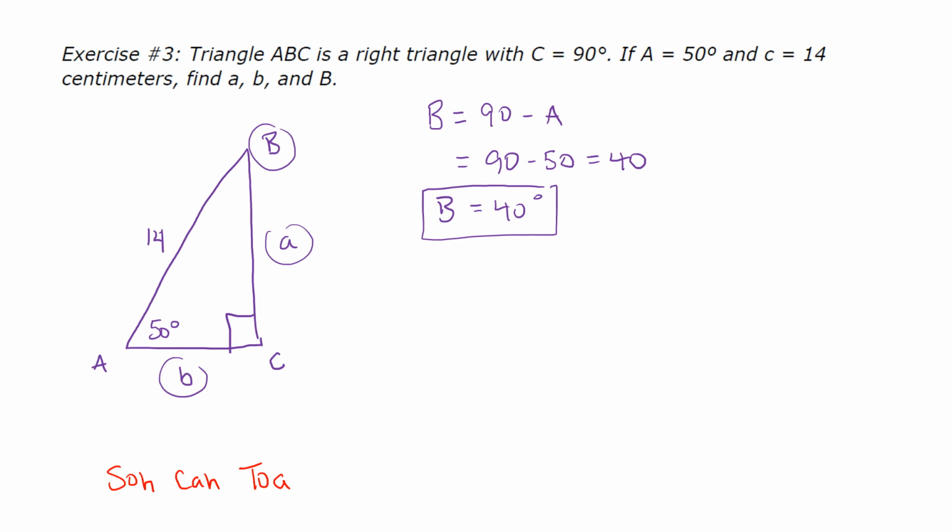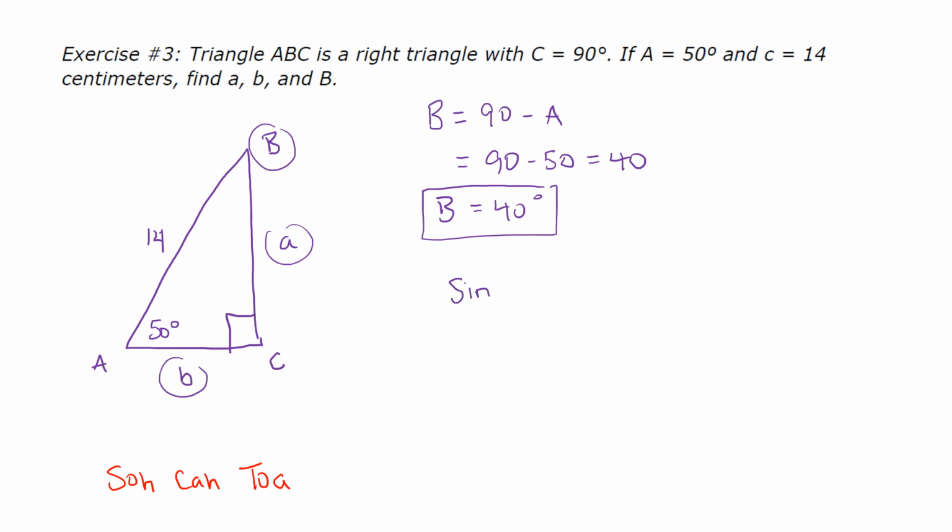So if I'm looking at the measurement for A, and I know the angle for A, and I know the hypotenuse, I'm going to use one of the trig functions that contains the hypotenuse, which will either be sine or cosine. But since A is opposite my angle measure A, I am going to use sine.